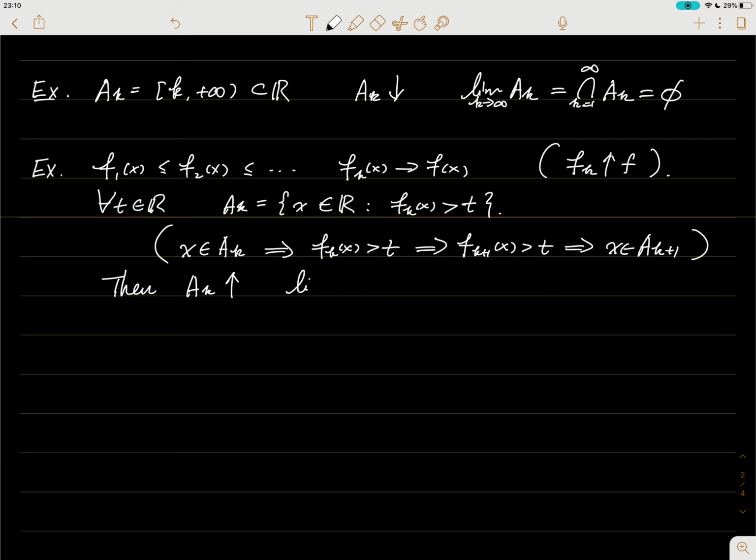And then we can talk about the limit. The limit of A_k will be just the union of the A_k. And I'll claim that this is just the set here. Oh, sorry, I will not have the absolute value.